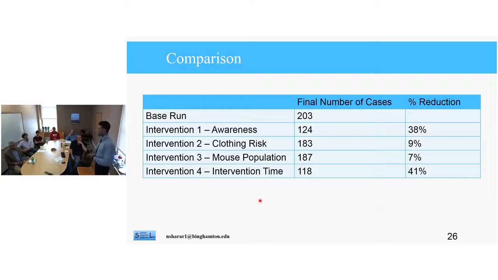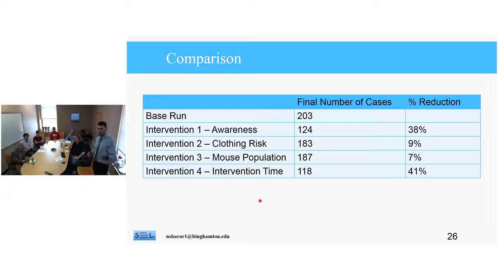When we are comparing the results, if we run the model without adding any intervention for the base run, we get 203 LD cases in 2020. We start the simulation from 2008 and run to 2020. If we apply intervention one from 2015, which is the last point that we have historical data, and then run the simulation model to 2020, we get 124 LD cases, a 38% reduction.